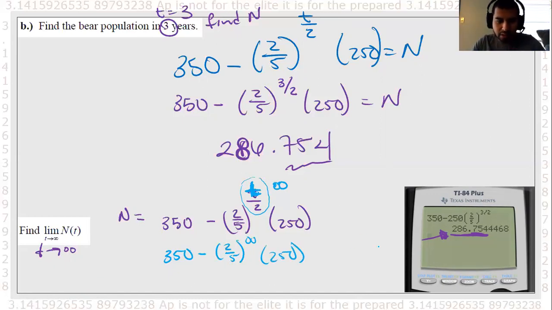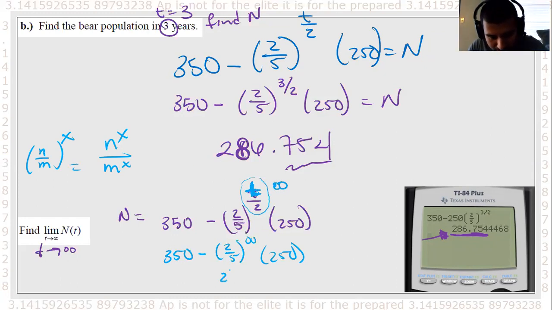Whenever we do exponents to a fraction, the numerator gets the exponent and the denominator gets the exponent. So this is the same thing as saying 2 to infinity over 5 to infinity.